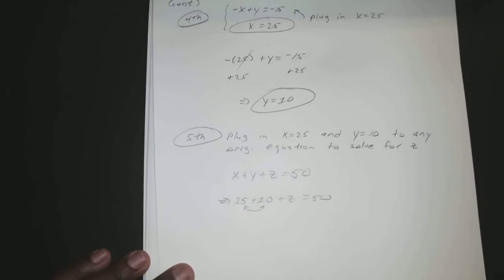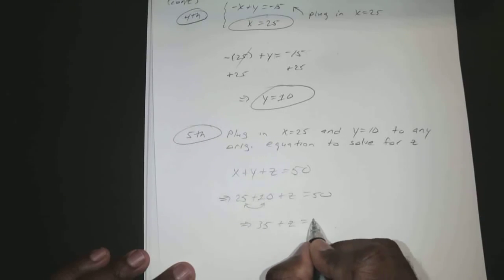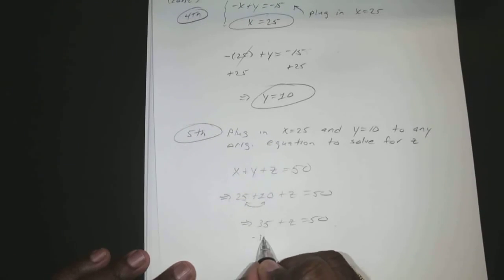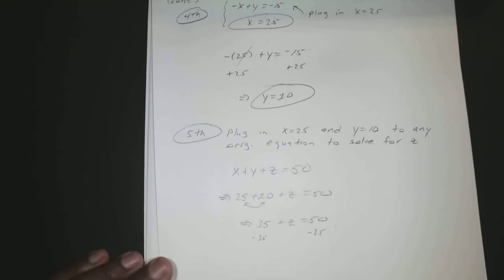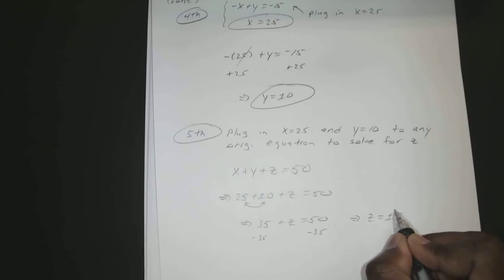Combine those two, it's just 35, plus z equals 50. So if you subtract 35 from both sides, you have z equals 15.